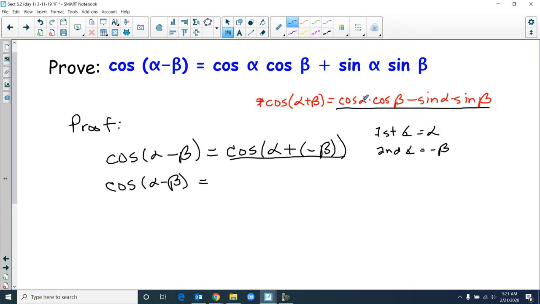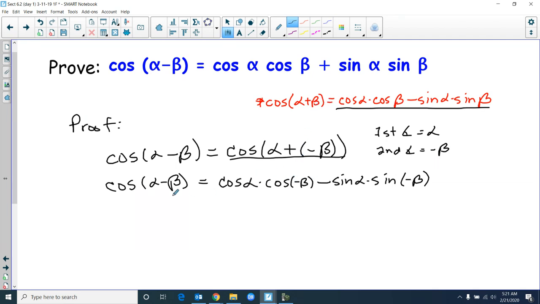So I'm going to rewrite this. Cosine of alpha plus negative beta is the cosine of the first angle, cosine of alpha, times cosine of the second angle, which is negative beta, minus sine of the first angle, which is alpha, times sine of the second angle, which is negative beta.